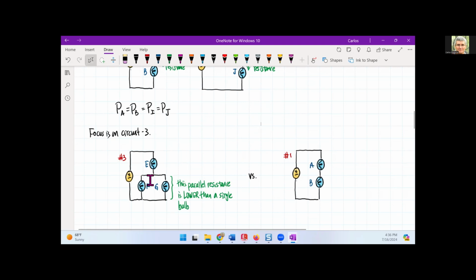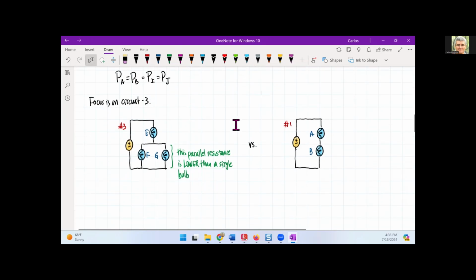Now I'm comparing F and G versus B. So what this tells me here is that compared to circuit one, I'm going to say that this has a higher equivalent resistance, which then means there has to be less current.